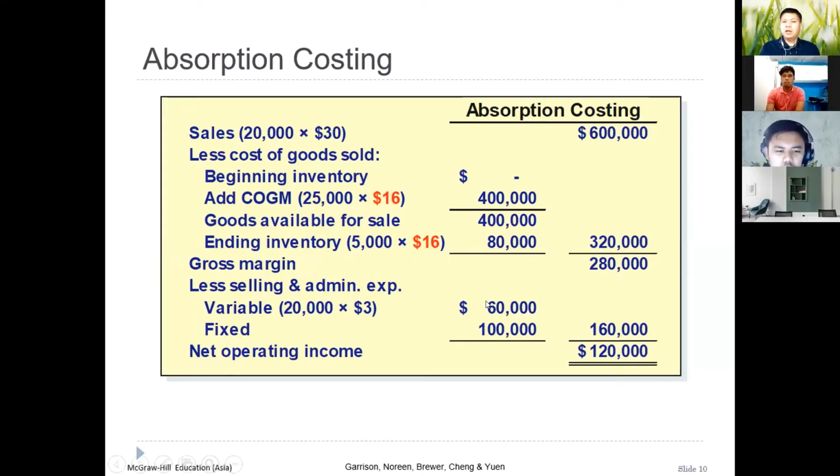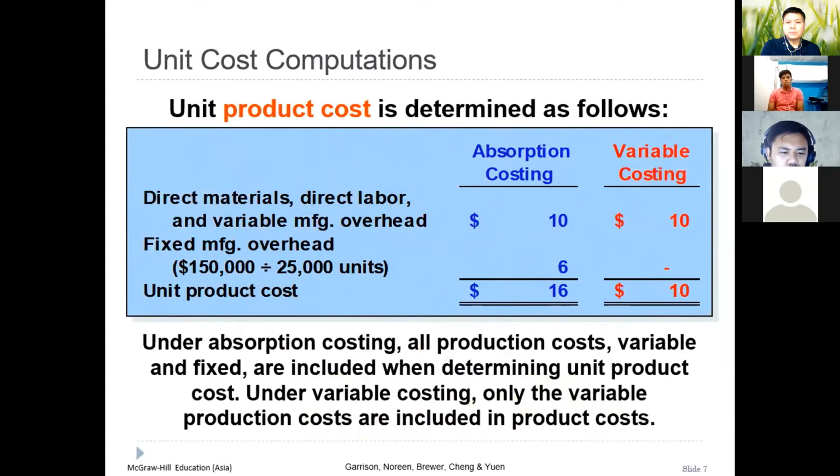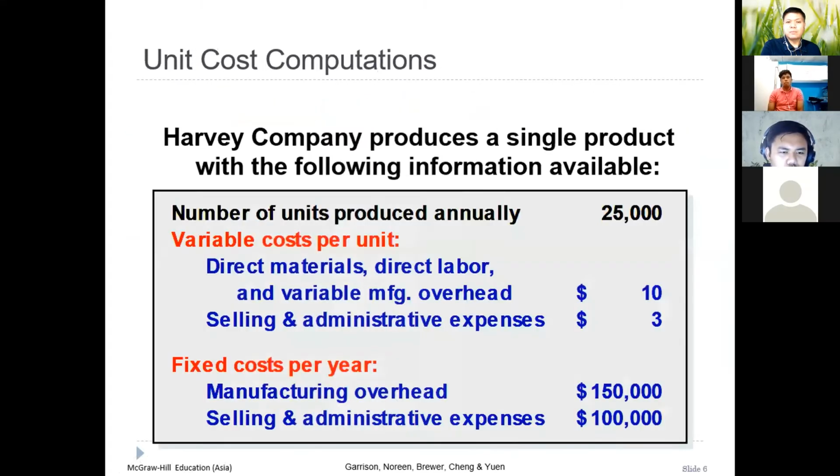Less the variable selling and administrative expenses. Is it given, the 20,000 multiplied by 3? Let us see if it is given kanina. Ayan. You see this one, selling and administrative expenses, 3. That's the variable.